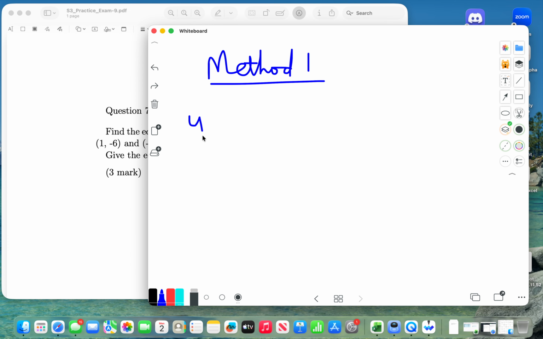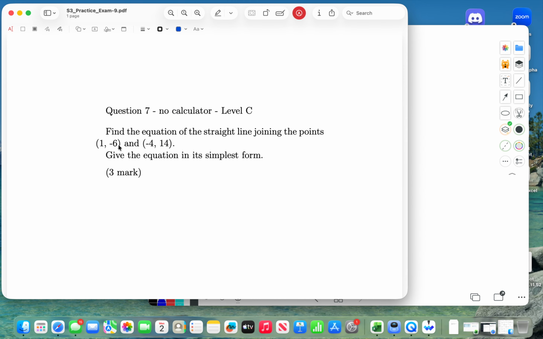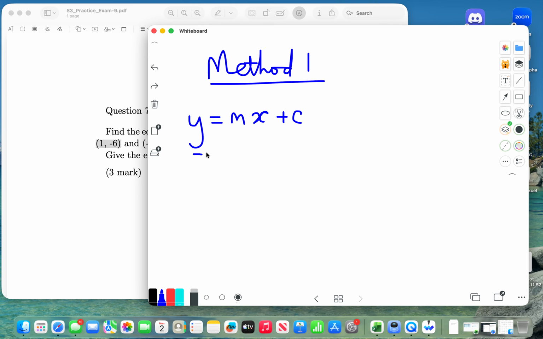So we have the equation y equals mx plus c. c is the y-intercept, and m is the gradient, and y and x refer to the coordinates of any point on the line. So we can substitute any of those points in, and we can substitute the gradient in and get the y-intercept. Just watch. So let's use 1, minus 6. So y equals minus 6.